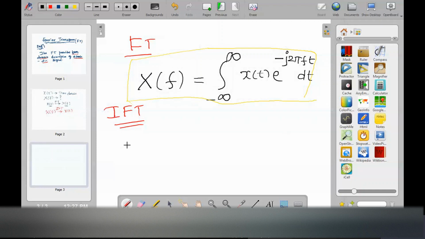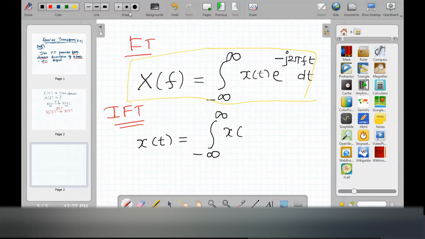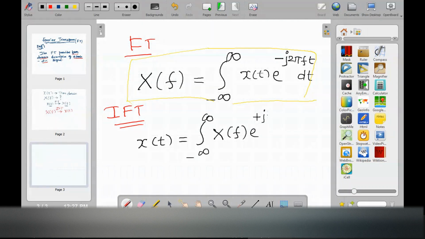So that can be written as x of t equals integration from minus infinity to plus infinity of x of f into e to the power of plus j 2 pi f t with respect to f.